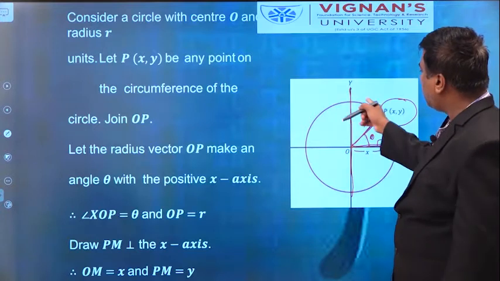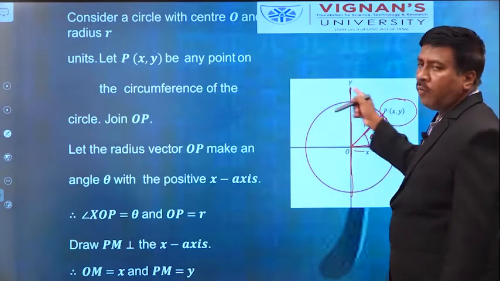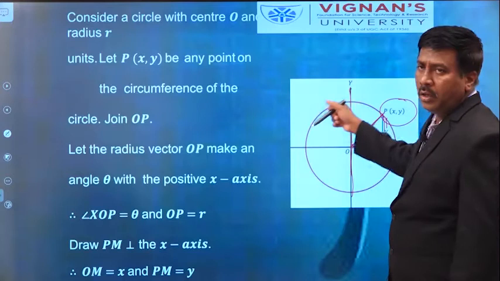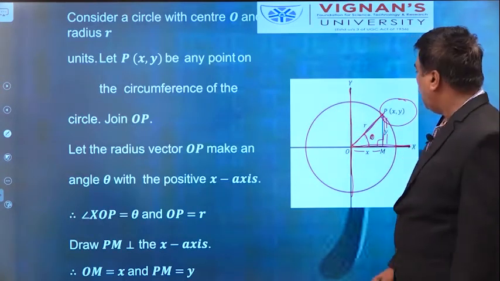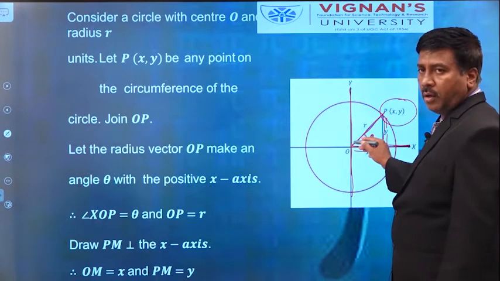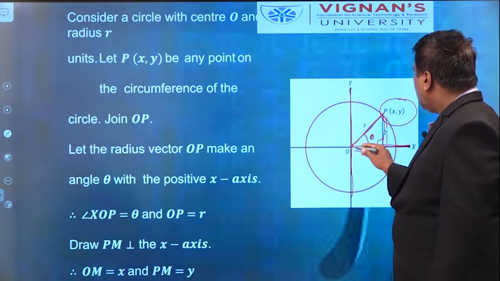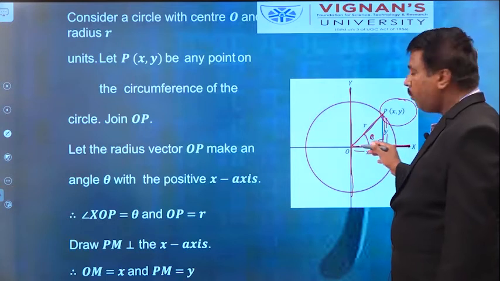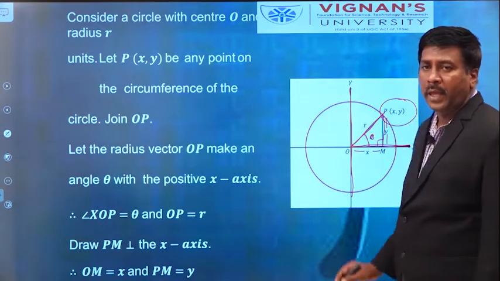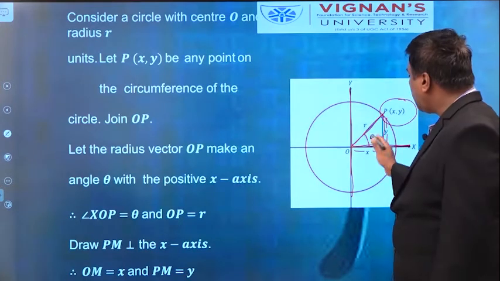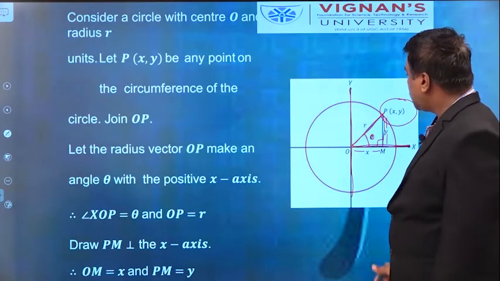Here we consider a circle of radius r. P(x, y) is any point on the circumference, OP is the radius, and OM lies along the positive x-axis. The radius makes an angle theta with the positive x-axis.